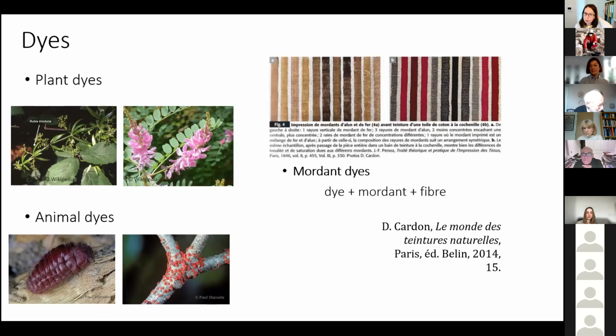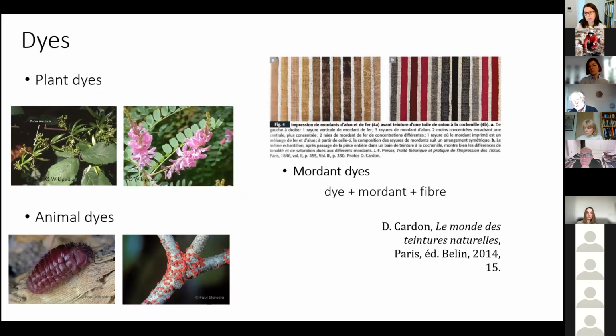So, just to show you very quickly, on your left, the textile has been covered with several mixtures of different mordants, of iron and or alum. And then this textile was dipped in a cochineal bath. And you can see that the choice of the mordant has a deep influence on the final color you will get.